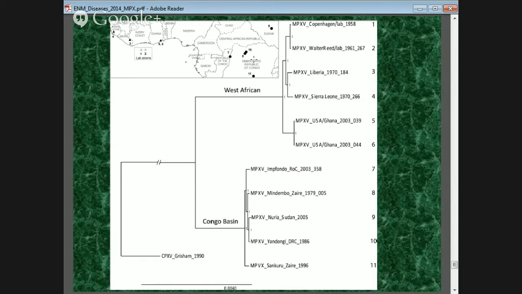So genetically, this is showing us that the isolate in Sudan is very, very similar to what we can find in DRC.